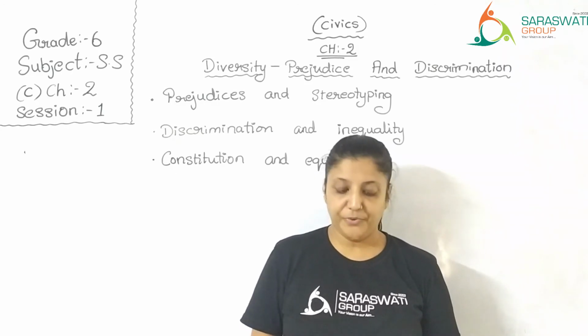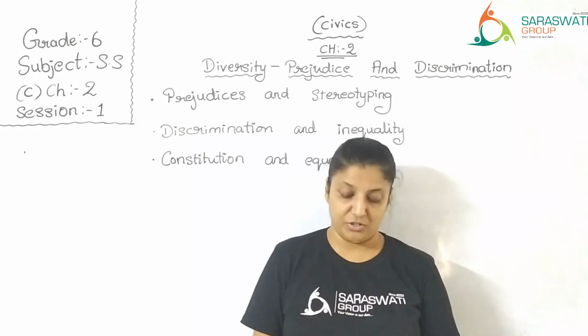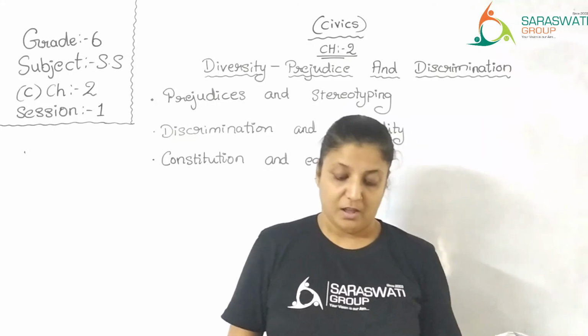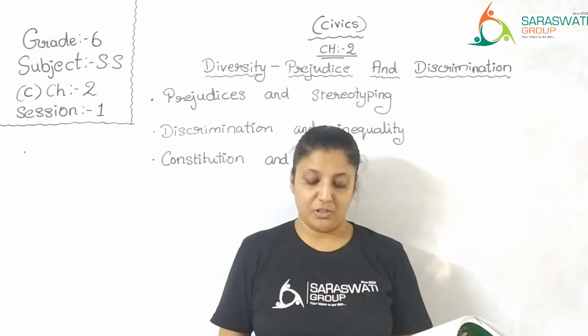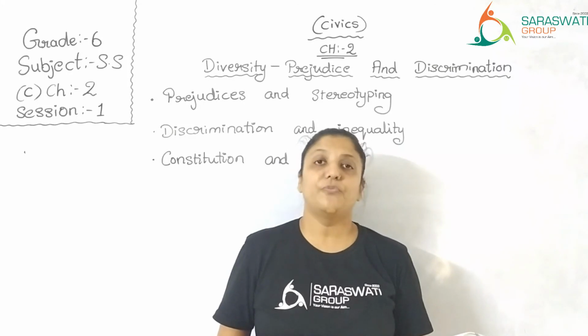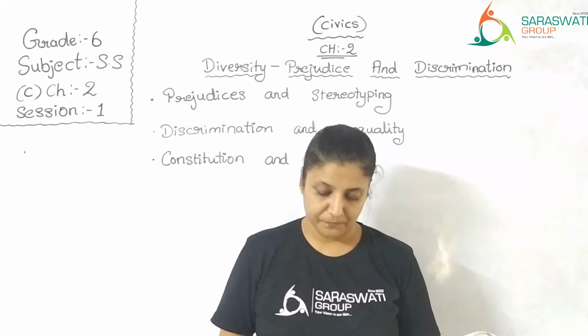The struggle for freedom against the British had enlightened some sections of the society who encouraged the people to fight for their rights. So this fight for freedom enlightened people that we are all the same.